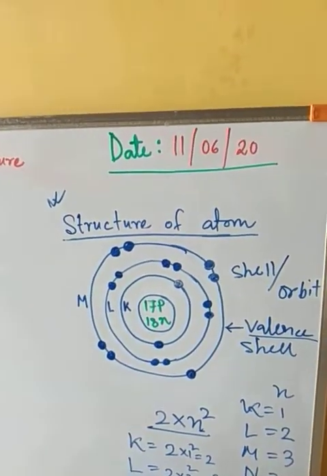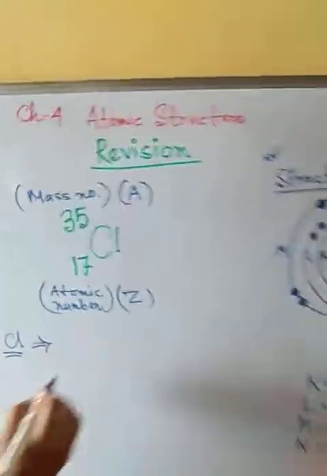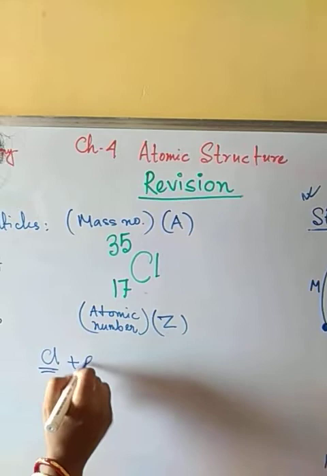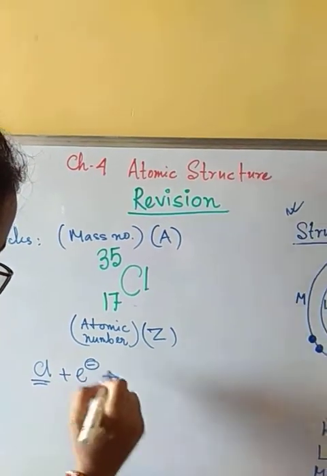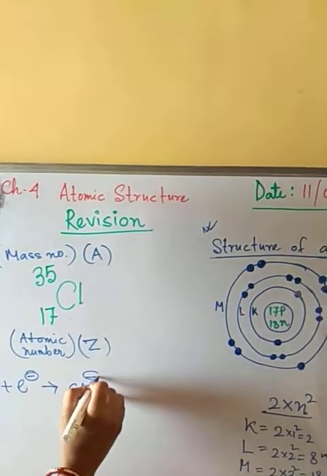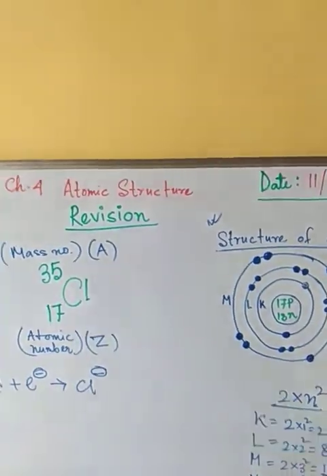So chlorine will capture one more electron from any other atom and form a negative ion, Cl minus.